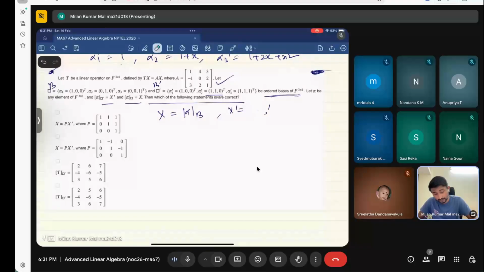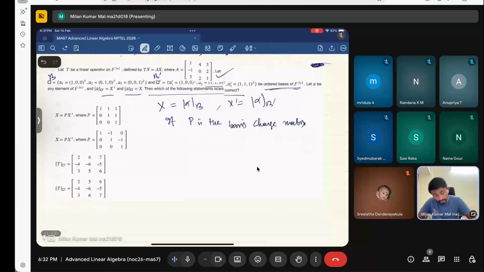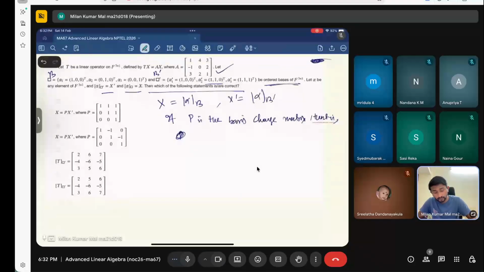So the previous discussion says that if P is the basis change matrix, then alpha j dash is equal to the summation over i equals 1 to n of P_ij alpha i, for j equals 1, 2, all the way to n.